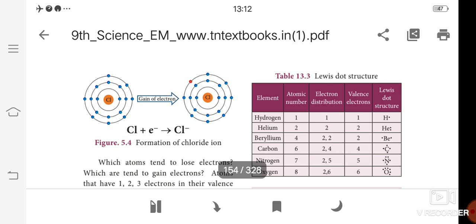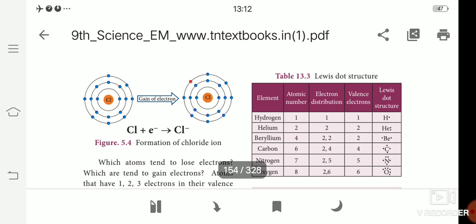First, the ionic bond or electrovalent bond. Ions means the presence of charges, positive and negative charges. The ionic bond is a chemical bond formed by electrostatic attraction between positive and negative ions.